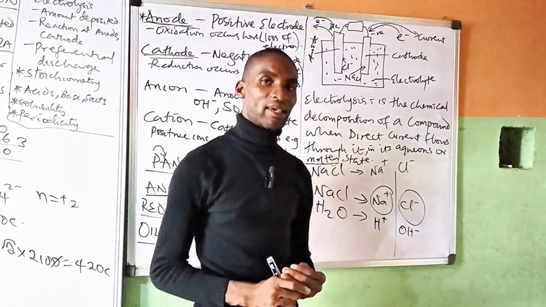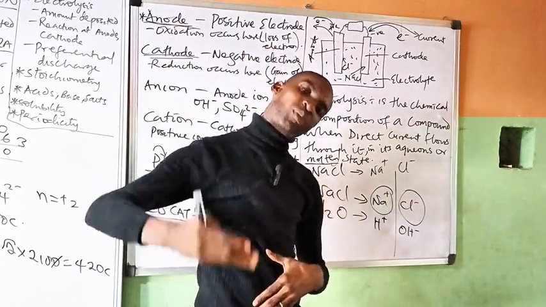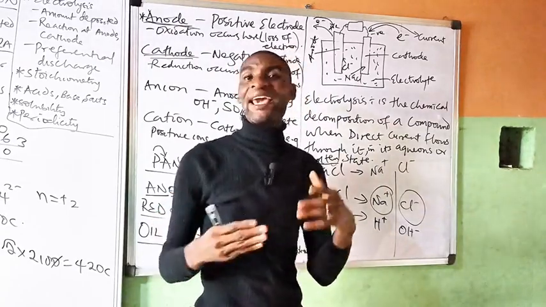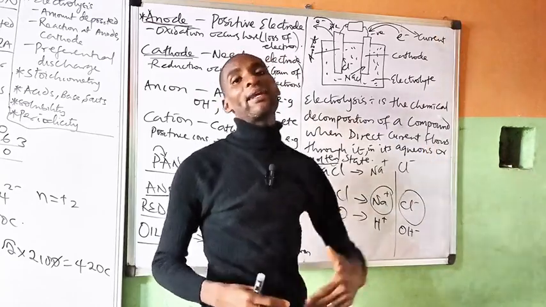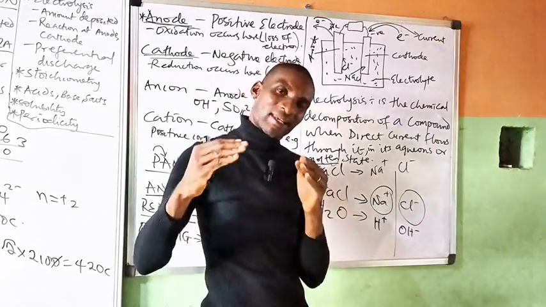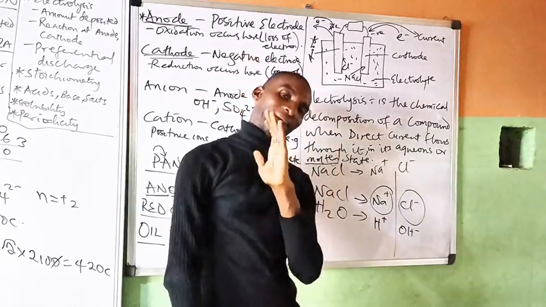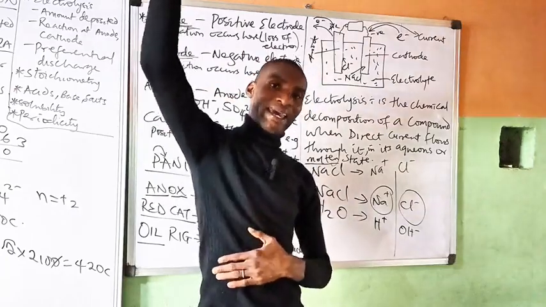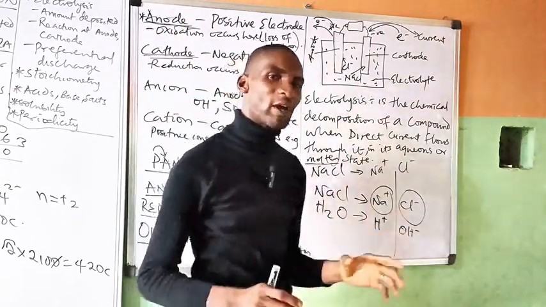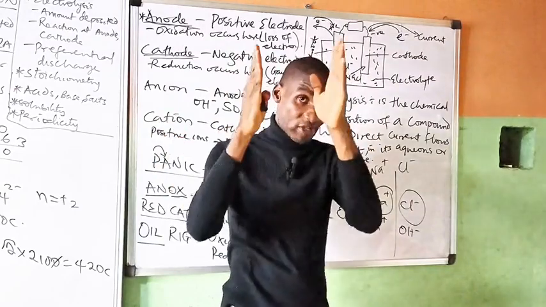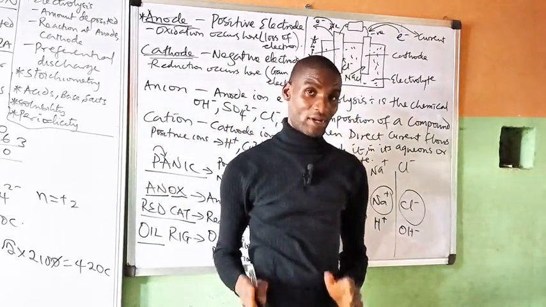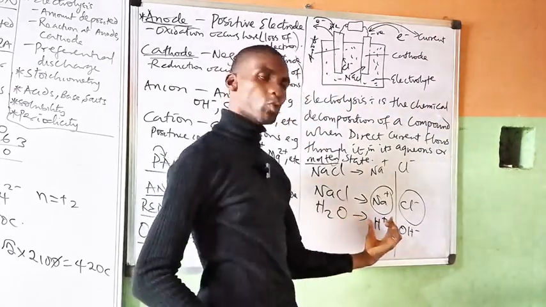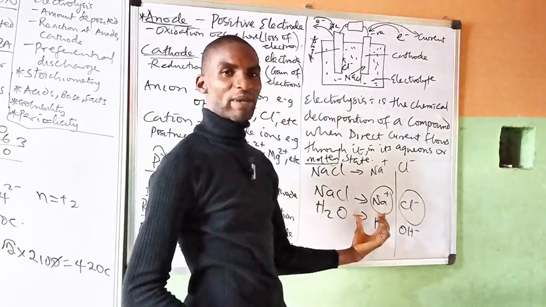That property states that for electropositive ions, the ions that are lower in the series will be preferentially discharged compared to the ones that are higher in the series. I'm going to give you another shortcut you can use to know the series right now.